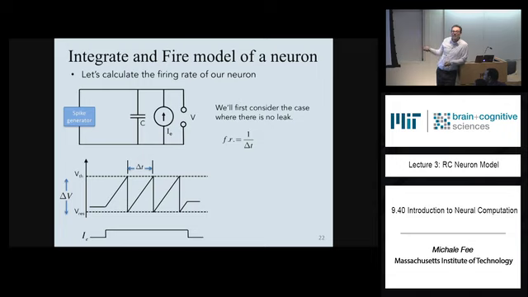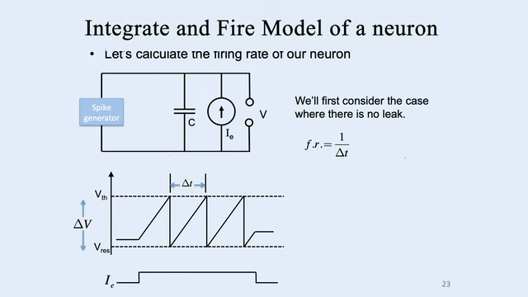Well, what are you doing? Yeah, but what you're calculating what? Yeah, you're calculating delta t, and you're using what about this line? Slope. Exactly. So if we knew the slope of this line, we could calculate how long it takes to go from here to here. So let's do that.